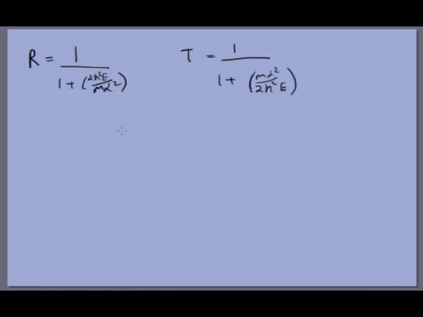And that is what should be expected. With the higher energy, you would have more transmission and less reflection. So this is the solution for the scattering states of the delta function potential.